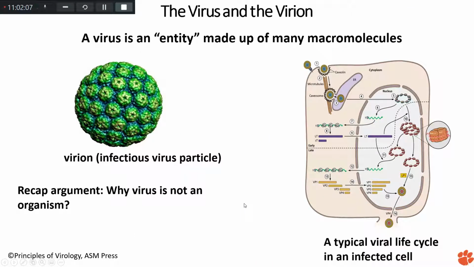So the virion is the infectious virus particle, and the reason why the virus is not an organism is again because it cannot live on its own. If it's sitting on a surface, it is just like a grain of sand or a grain of sugar or a grain of salt. It doesn't have any brain.